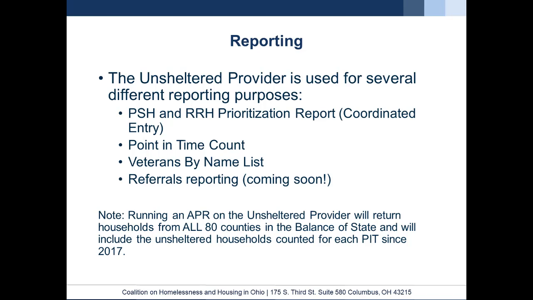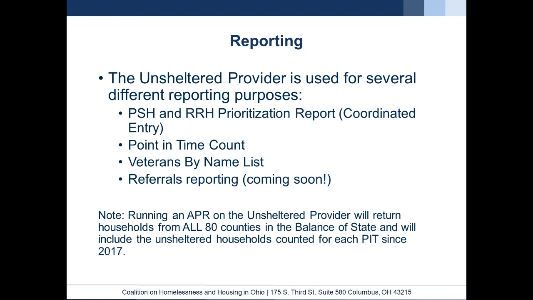And so just to be clear, also something about reporting to do with this provider, you might not want to run an APR on the unsheltered provider because it will return households from all 80 counties in the balance of state and will include the unsheltered households counted for each point in time count since 2017.